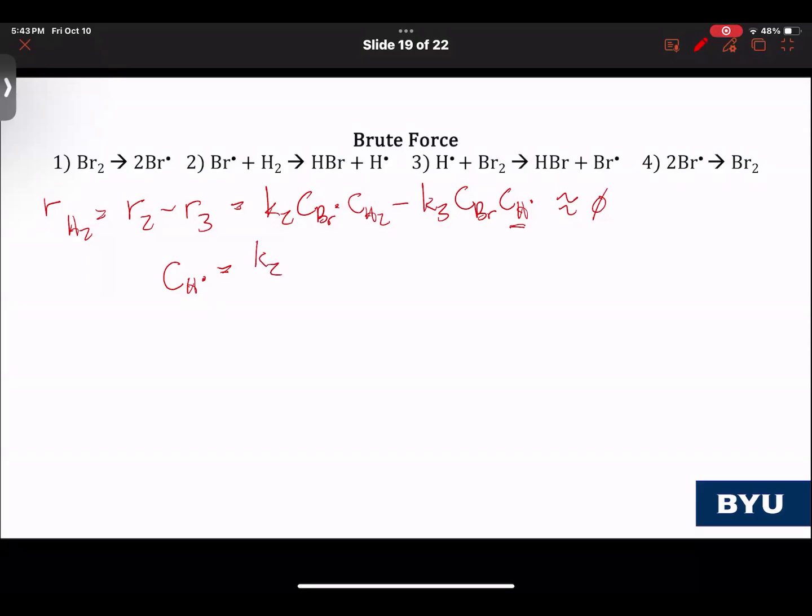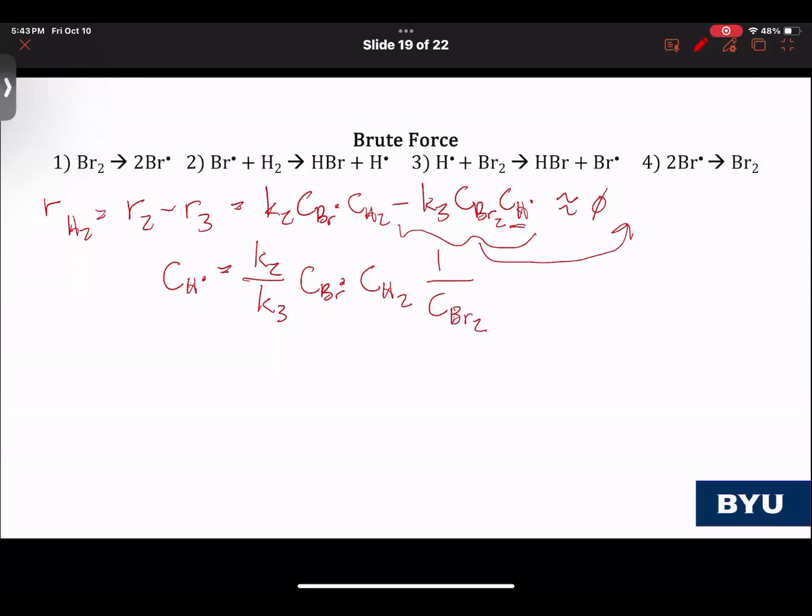And so I'm going to say K2 divided by K3 is going to be equal to concentration of hydrogen radical, H2. So basically I added this over to this side, and now I'm rearranging and bringing things over for that. And so I'm also going to be dividing by my concentration of my bromine.